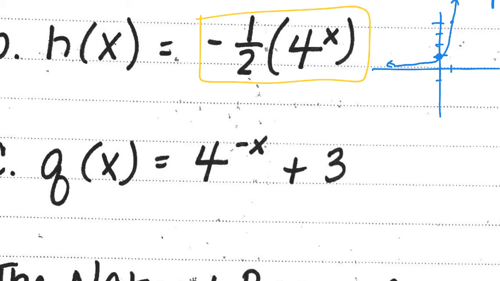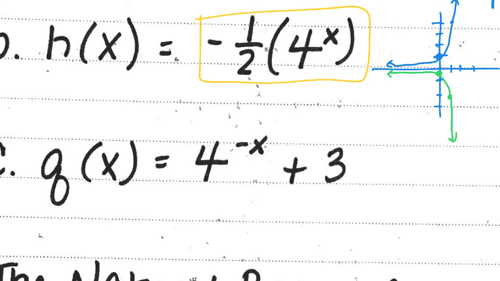So I'm going to first make my little marks on my graph, but now I have 0 and negative 1/2. Well, that's going to be about here. When I plug in 1, negative 1/2 times 4 to the first is negative 2. So notice this one is just going to go a little steeper, has that stretch or that shrink.